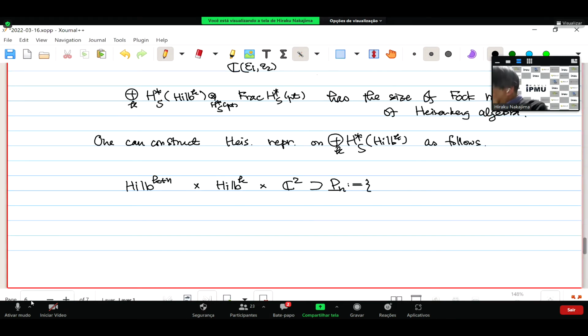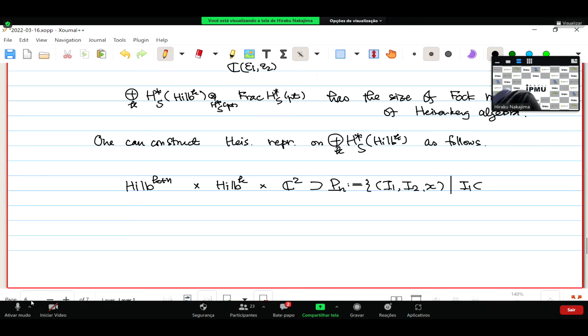I mentioned that points of the Hilbert scheme are ideals. So I consider I_1, I_2, and the point x, and I impose the following condition. I_1 is an ideal whose codimension is k plus n in the polynomial ring, and I_2 has codimension k in the polynomial ring.